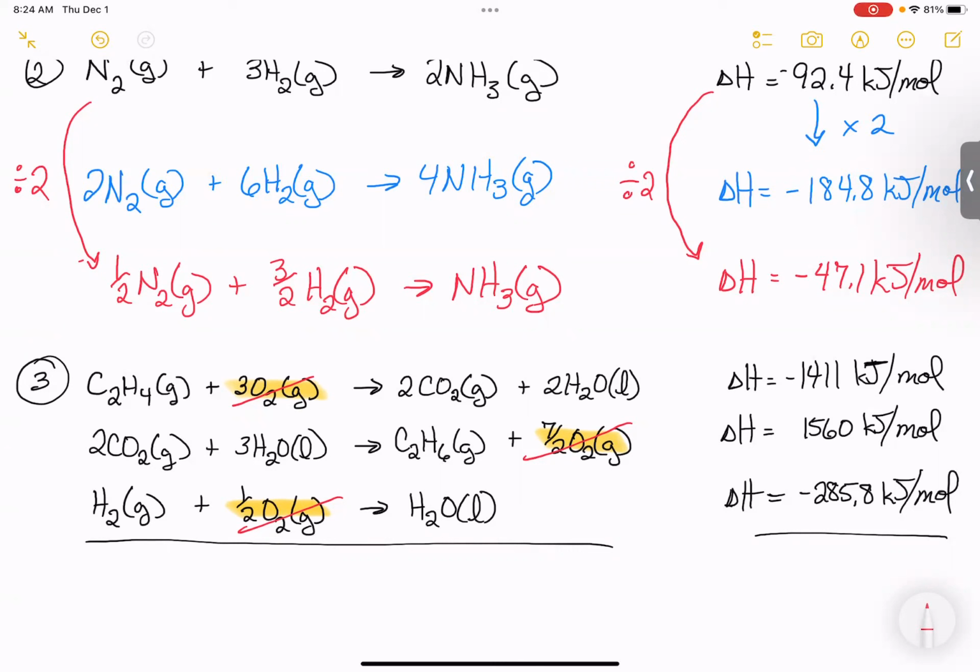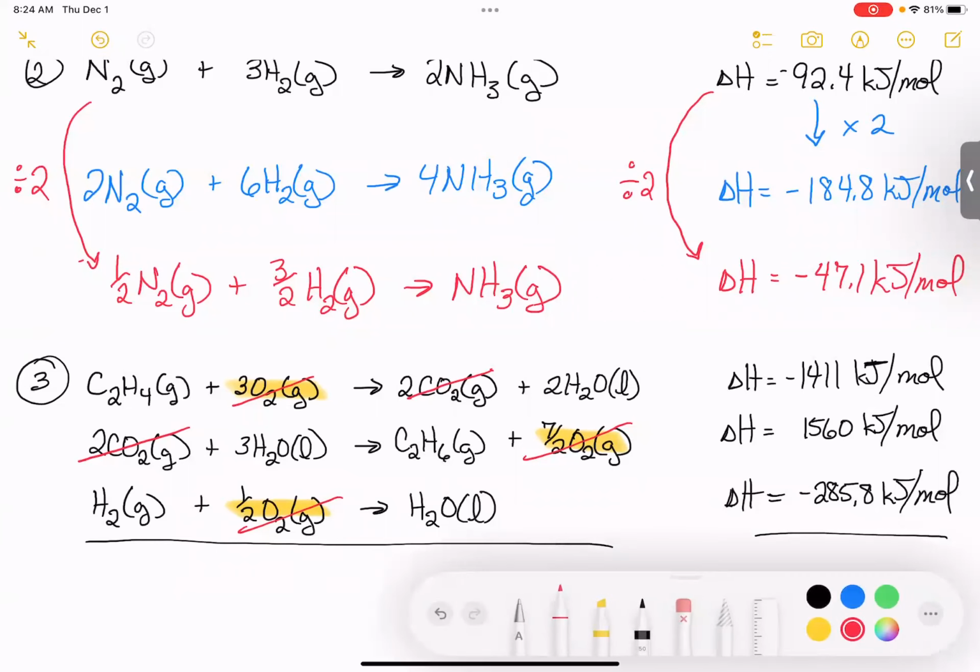I noticed that in this first reaction, I have 2 CO2 gas on the product side. In the second reaction, I have 2 CO2 gas on the reactant side. So those will cancel out. I noticed that I have 2 H2O liquid on the reactant side.